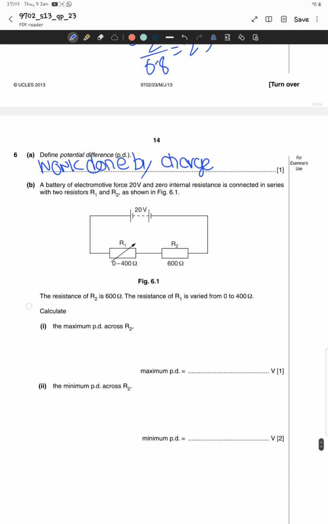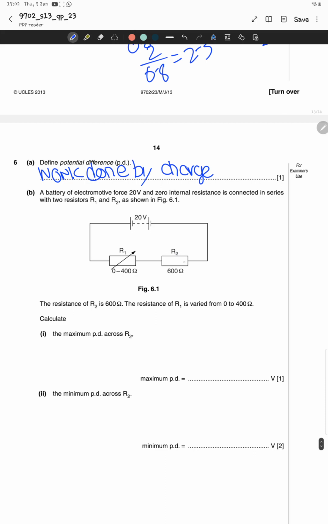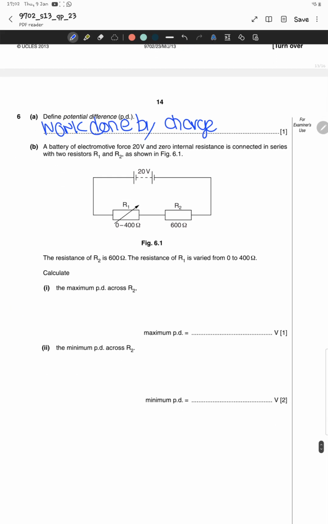So potential difference is work done on components by the charge. EMF is the work done by the battery in making the charge move around.